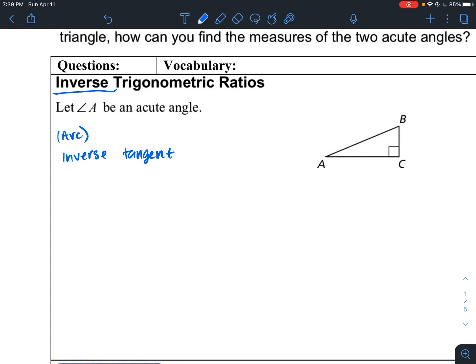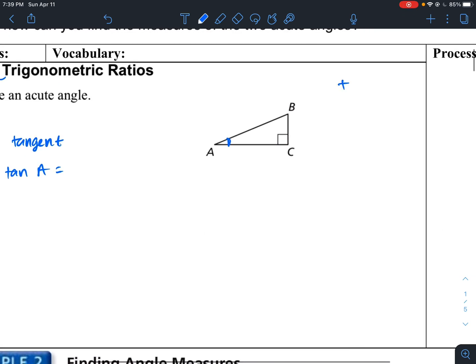So arctangent, inverse tangent says that if tangent of A is equal to, so this is saying this angle right here, if tangent of angle A, now we know tangent is equal to opposite over adjacent side. Now let's just say that this is equal to x.